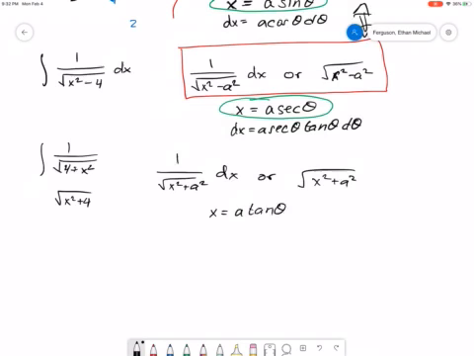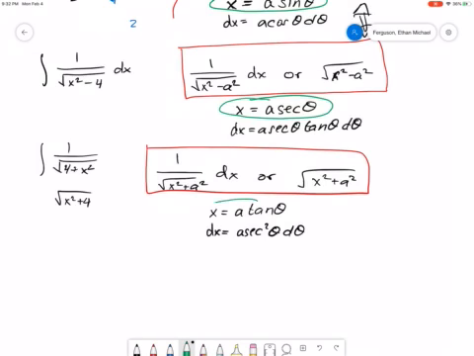And again, I'll go into the exact details in an example to show you how this plays out. And then it's obviously solve for dx, which would be a secant squared theta d theta. And again, if you see this form, you're going to substitute x is equal to a tangent of theta, excuse me.